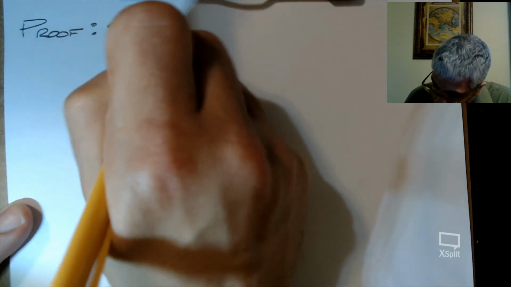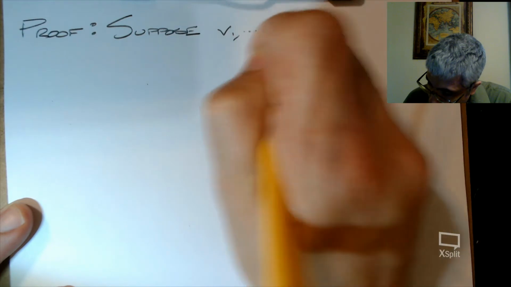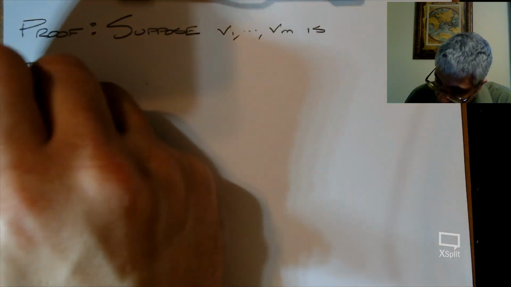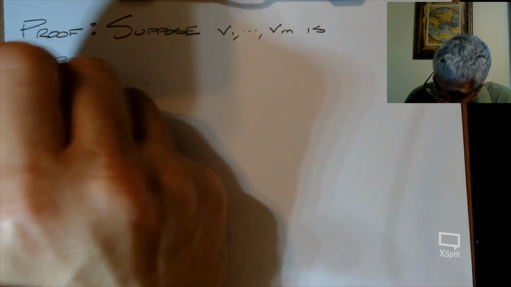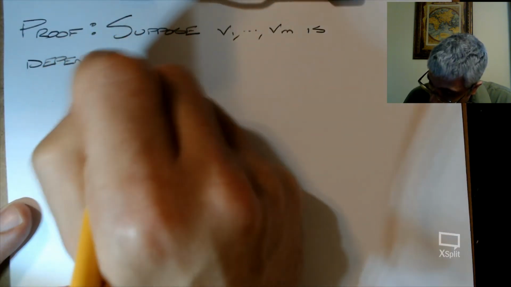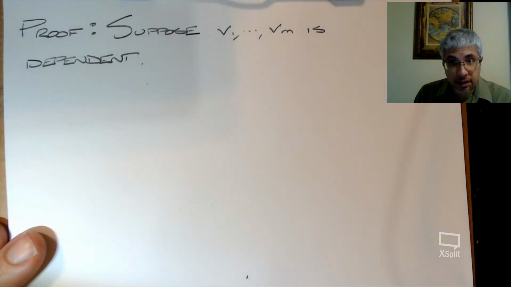Well, let's suppose not. So suppose v1 through vm is dependent. Now remember that if we have a dependent set of vectors, that means not only is one a multiple of the others, but one must be a multiple of ones that come before it.